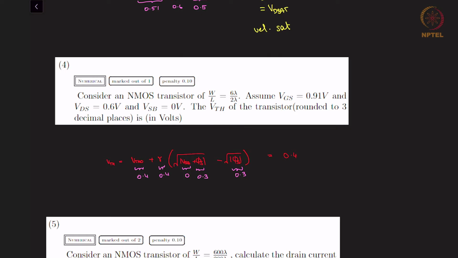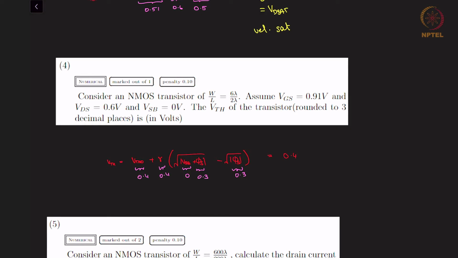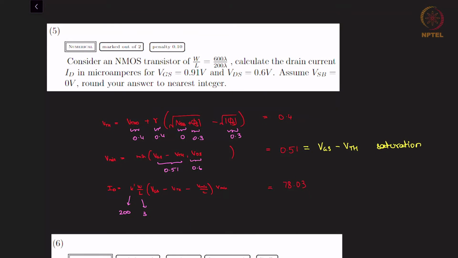Here we are asked to find the threshold voltage of the transistor. So VSB is 0, which means there is no effect of this gamma, which means it's just 0.4, right? And over here we are asked to find the value of Vmin and ID for the given operating point.